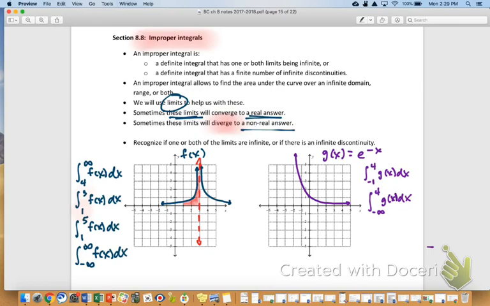One of the limits is not a real number, right? It's negative infinity. What would be another way we could write this that would make it improper? Negative 1 to infinity of g of x dx. Sure, any real number fits that. Clearly improper again because of the infinity.